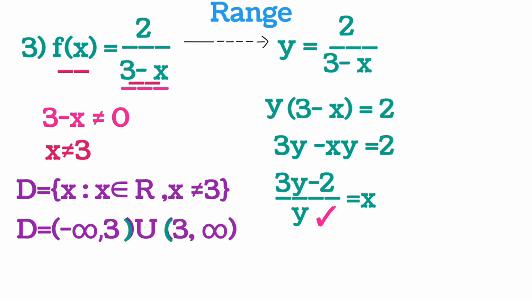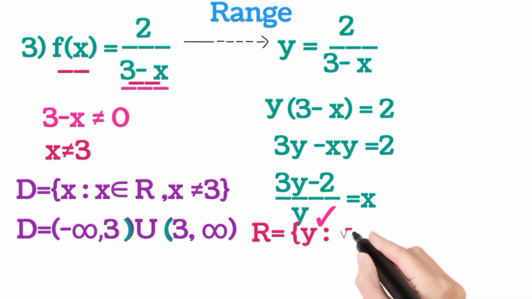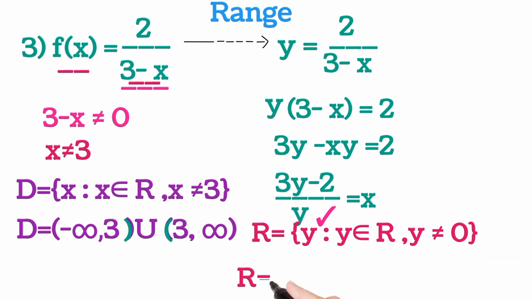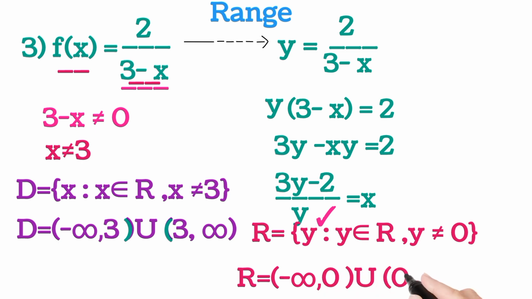So here y is in the denominator, so y should not be equal to 0. So the range of the function is y such that y belongs to R, where y is not equal to 0, and this can also be written as R = (minus infinity, 0) union (0, infinity), where these open brackets mean that 0 is not included in the range of the function.